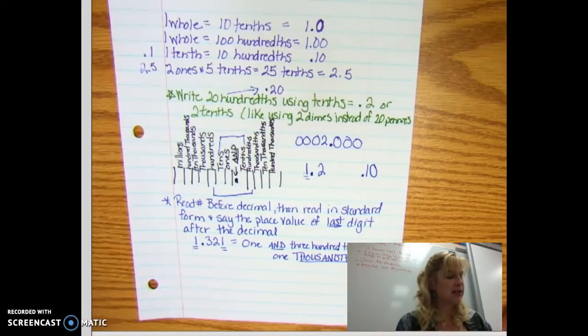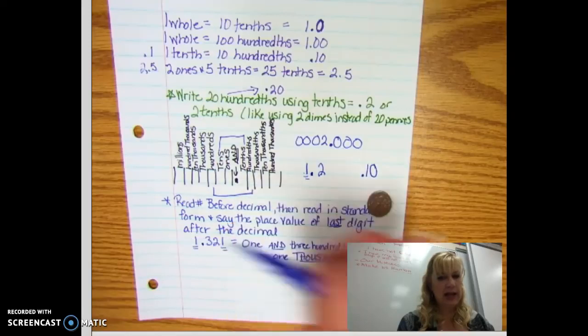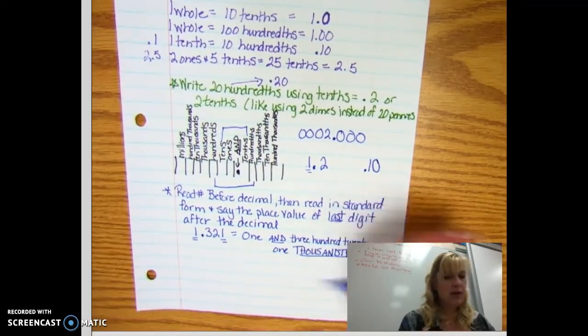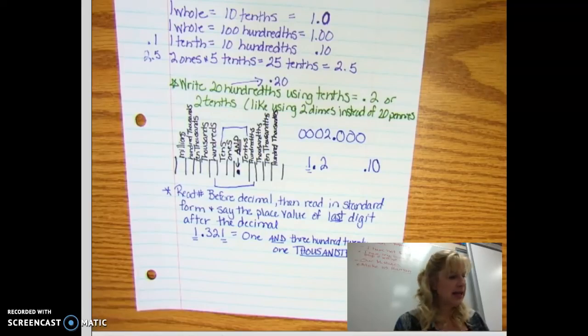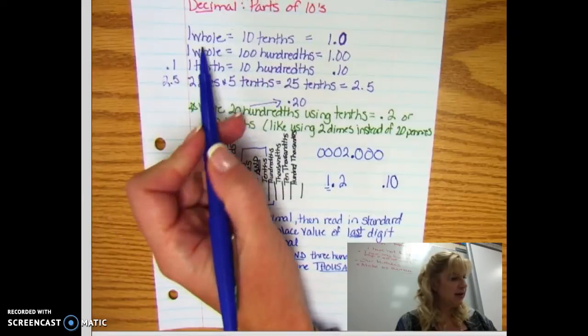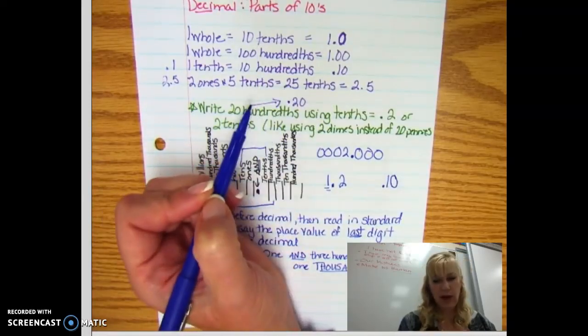But if I were to say, oh, that's a dime, that's 10 cents, it's the same value. I haven't changed the value at all, whether I'm talking about 10 pennies or 1 dime. The biggest issue with today's lesson is going to be converting these, like 1 whole is 10/10, and how to read these in different ways.